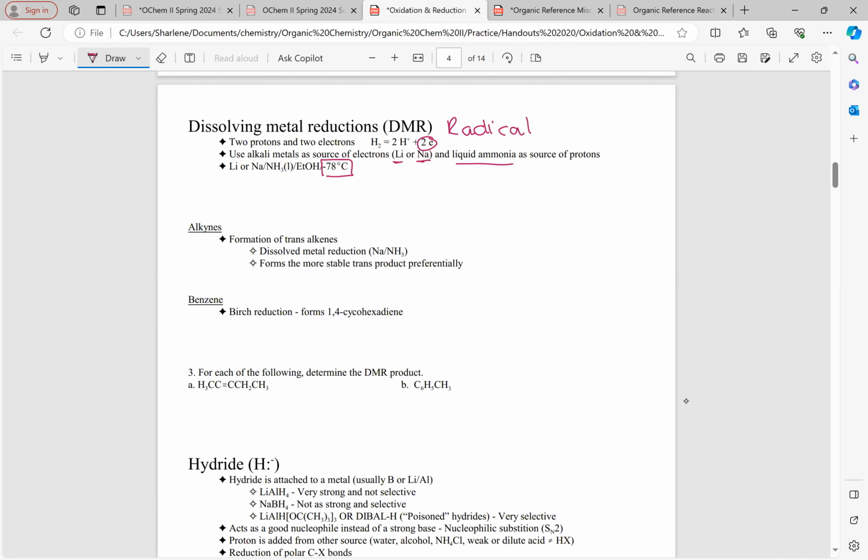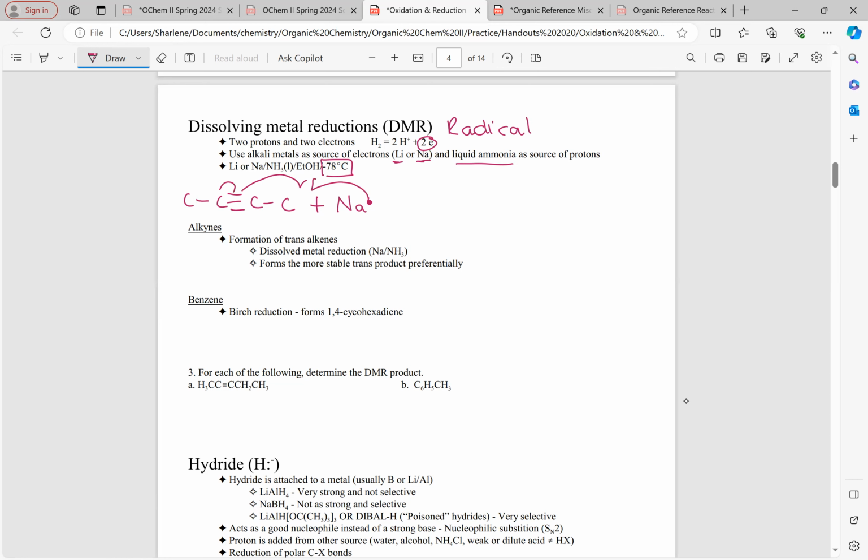Well, the general mechanism for it is, let's take an alkyne, and we're going to draw, and I'll just use sodium this time. And that's not a plus sign. That's sodium's electron. Okay, that's its valence electron. Well, the radical mechanism would be to take away that electron from sodium.